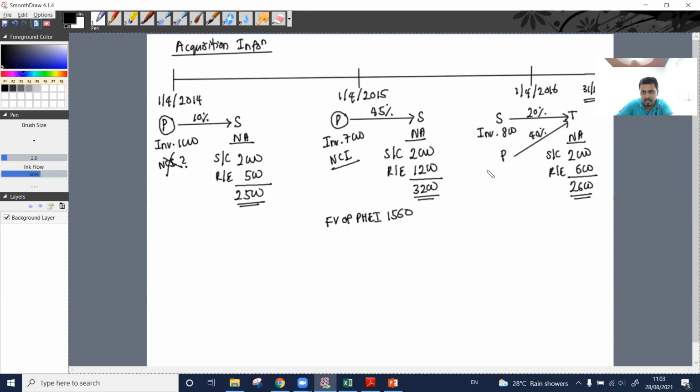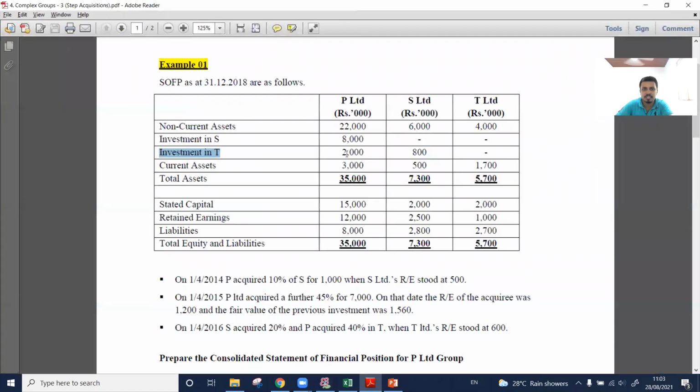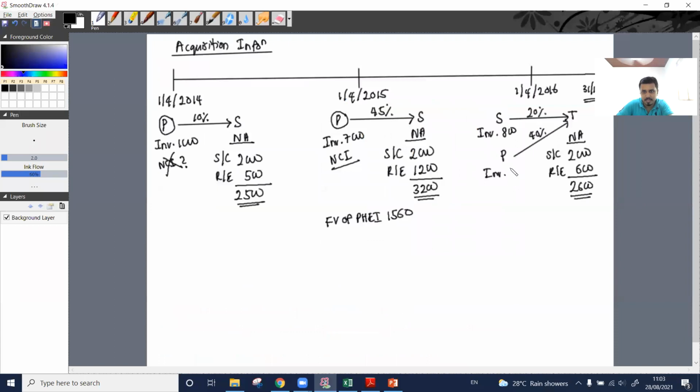Likewise, to acquire this 40% in T, P has invested how much? 2000. He has invested 2000. And we need to determine the NCI of T as well.